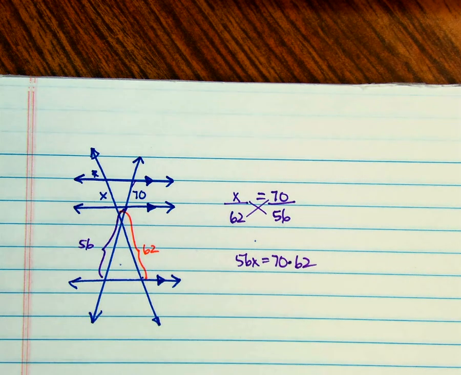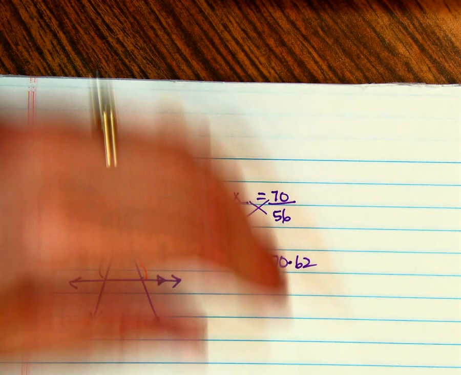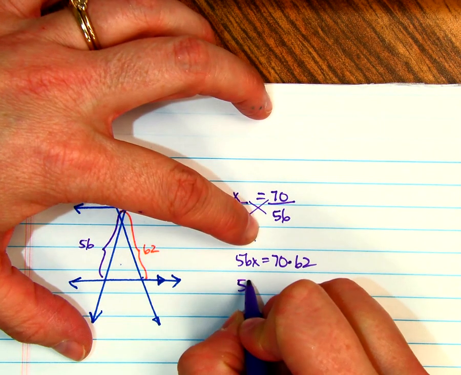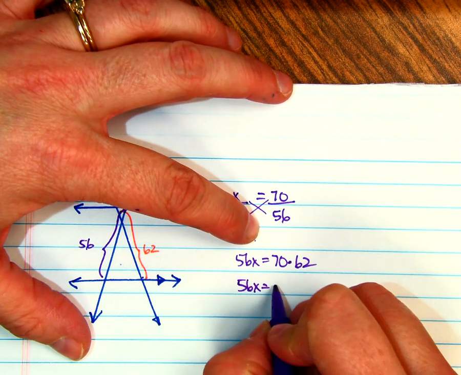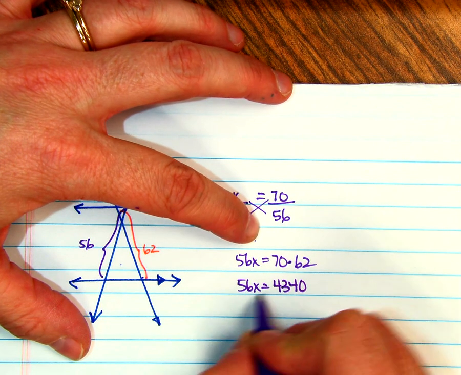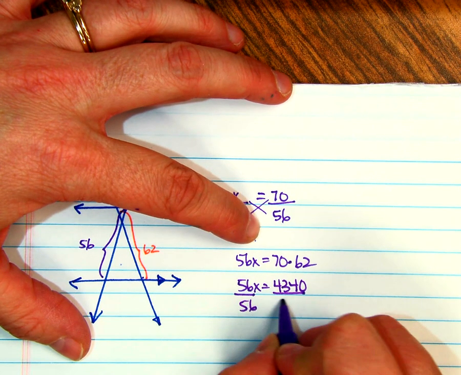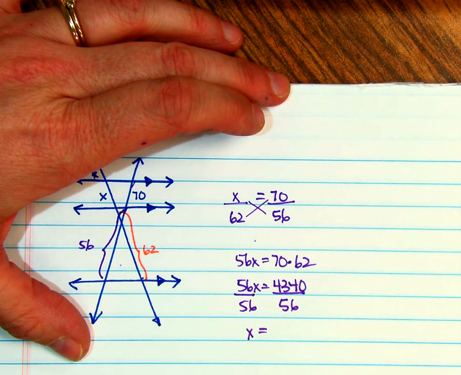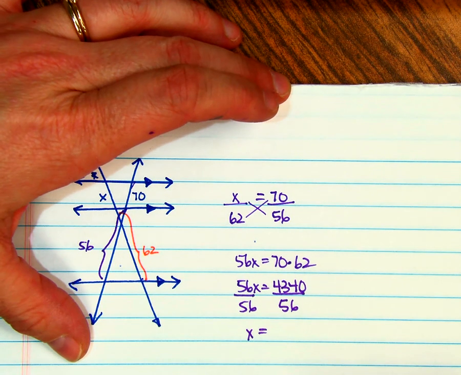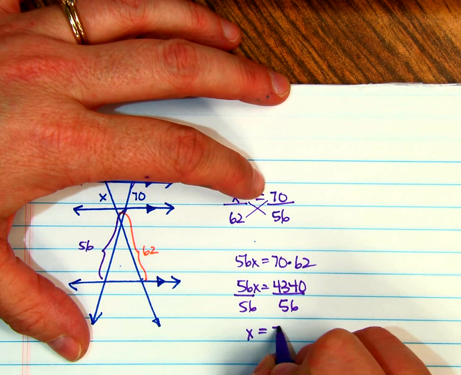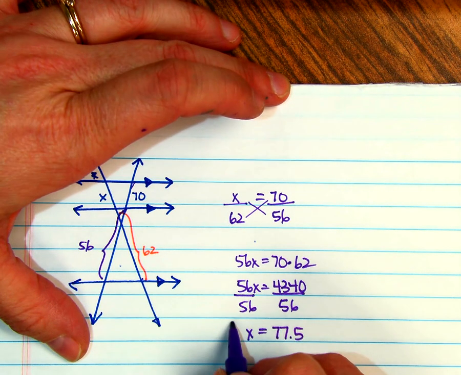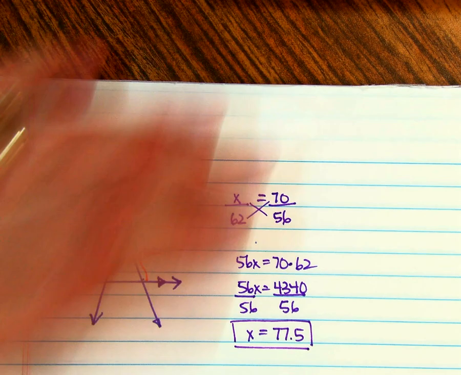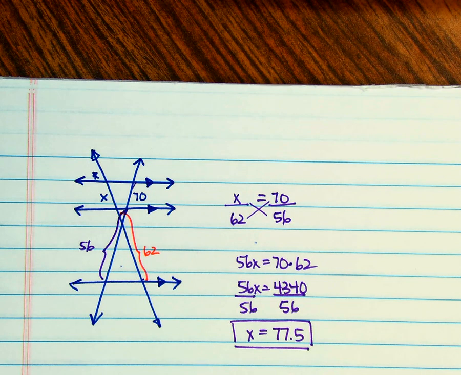Let me get out my calculator. 70 times 62 is 4,340. Now I can divide both sides by 56. So x equals 77.5. Okay, so same idea as the side splitter.